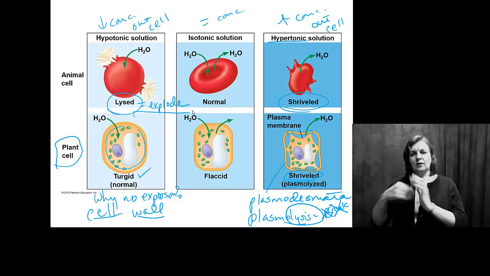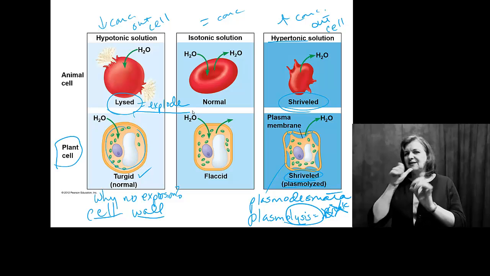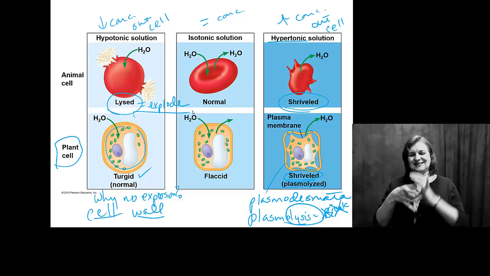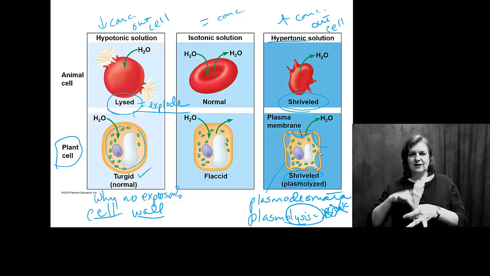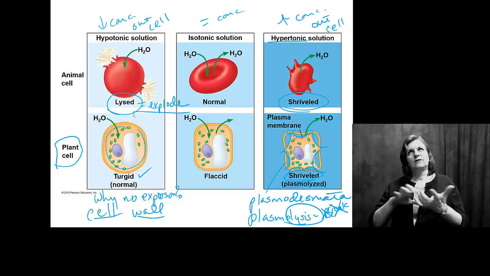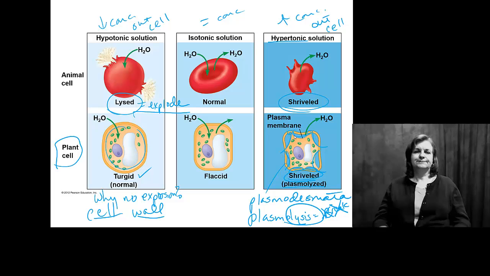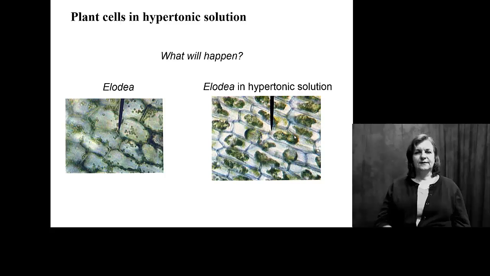Okay, so we're breaking connections between the plasma membrane and the cell wall. You see that here, but it doesn't completely break. It stays attached. So it's not like an explosion of the cell. I'm sorry, it's kind of a confusing term for folks, so be careful with that.